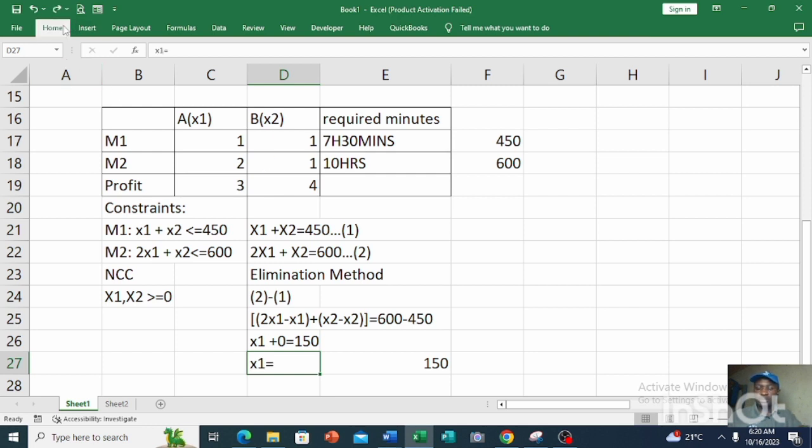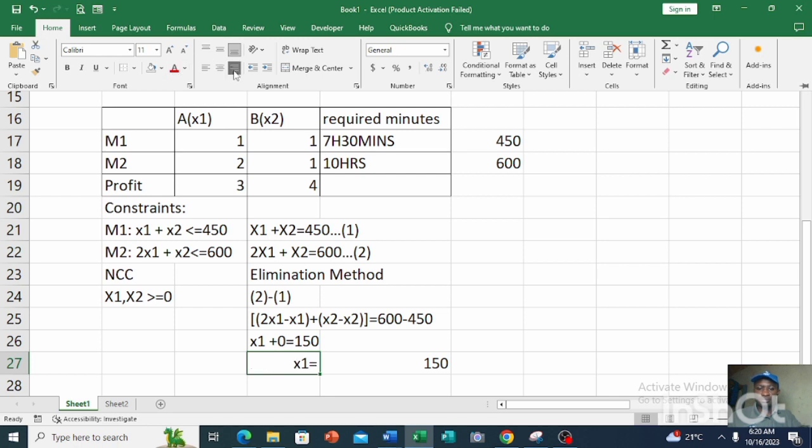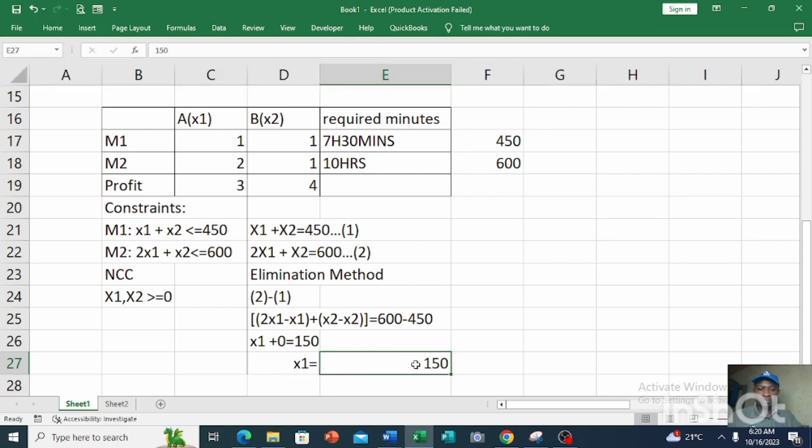All right, so our x1 is 150. This is the value of x1. So we are going to take this x1 and substitute either in equation 1 or equation 2.